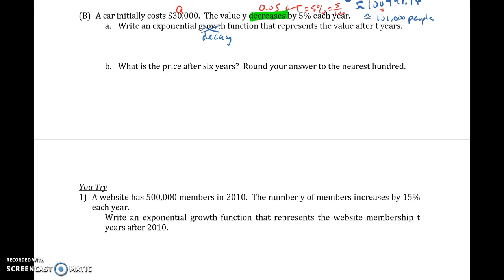And then we know the function is y equals a times 1 minus r to the t power. So let's go ahead and plug in what we know. So y equals 30,000 times 1 minus 0.05 to the t. Simplify that decay factor to get y equals 30,000 times 0.95 to the t power.